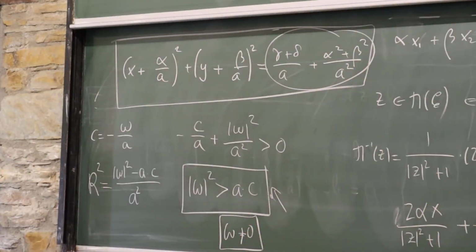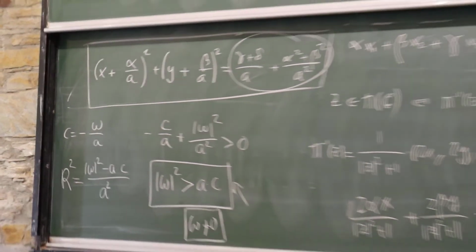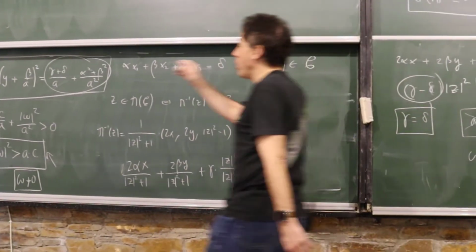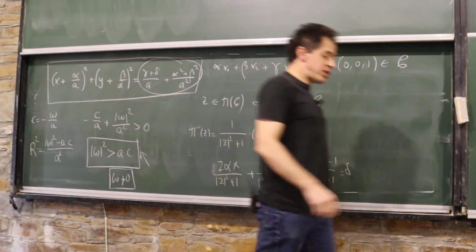If A is different from 0, you have effectively a traditional circle. Okay, with this equation.